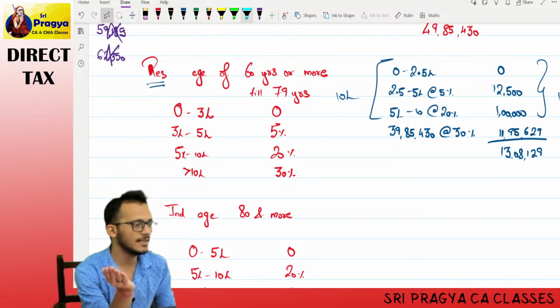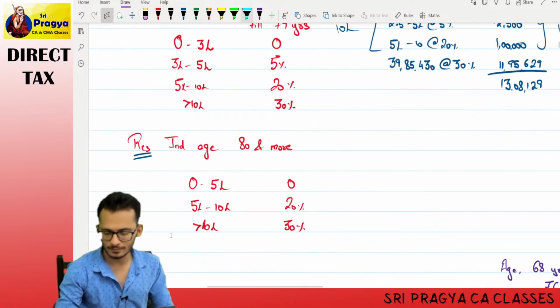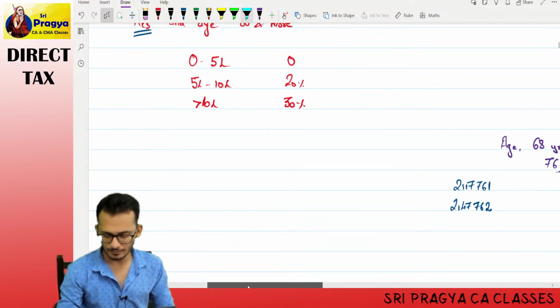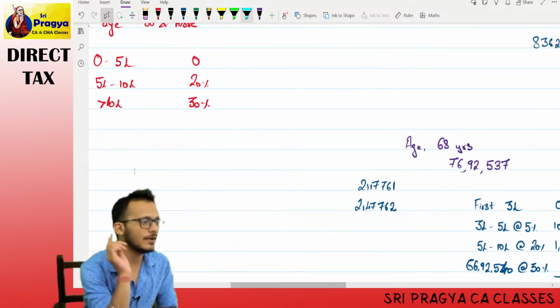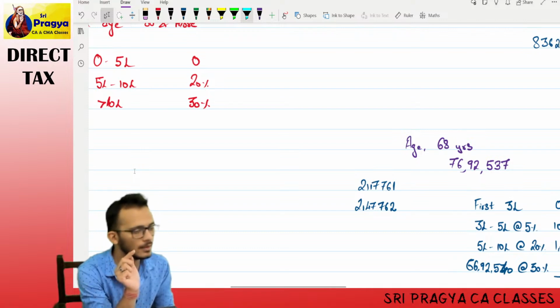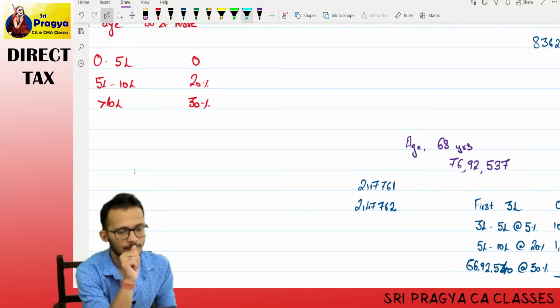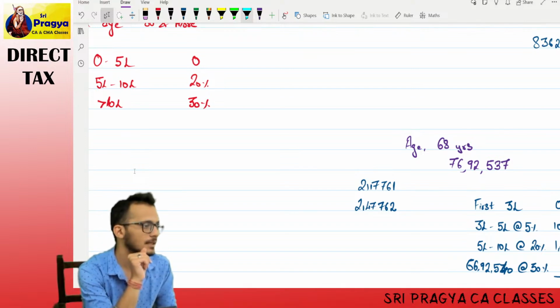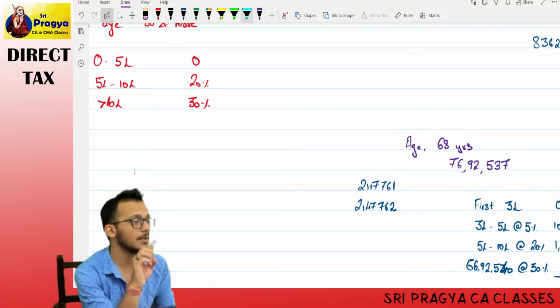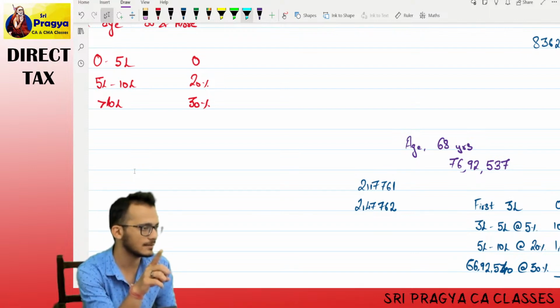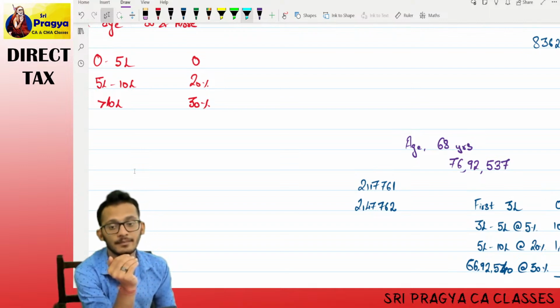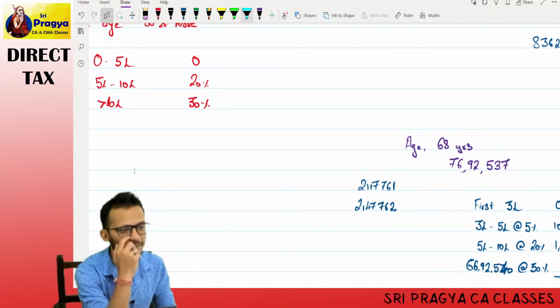On the calculator, 76,92,540 minus 10 lakhs. This will give you the last slab amount. Into 30%. Now you know the tax on the number exceeding 10 lakhs. Now you need to know the tax on the 10 lakhs. So you'll add 1,10,000.